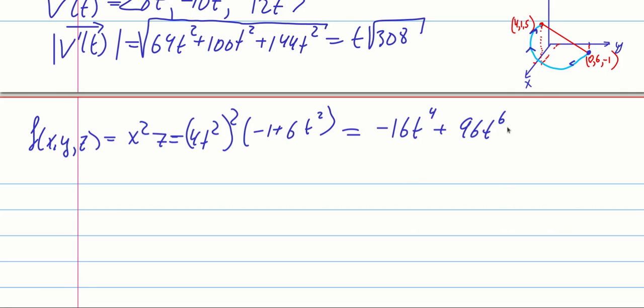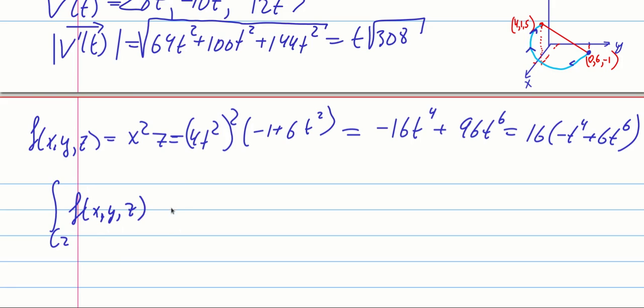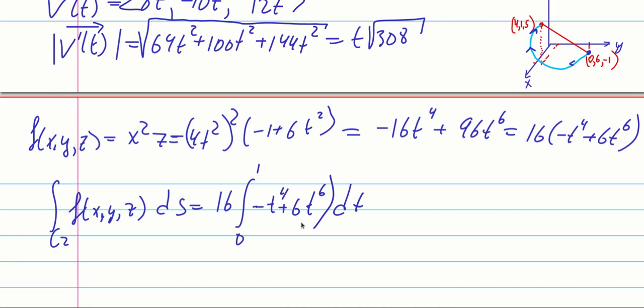And we can factor 16 out, so we'll be left with negative t to the 4 plus 6t to the 6. So now we can build our integral over C2, where we have f of x, y, and z ds, which is equal to 16 times the integral from 0 to 1 of negative t to the 4 plus 6t to the 6 dt.